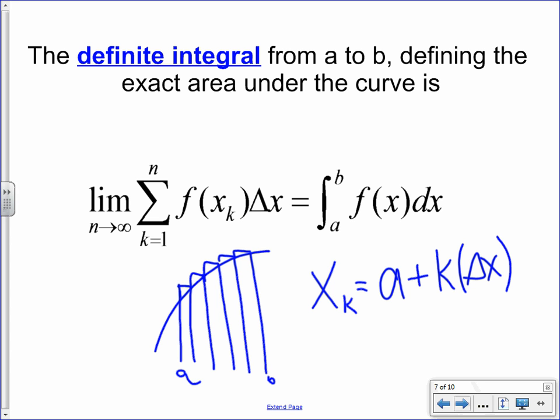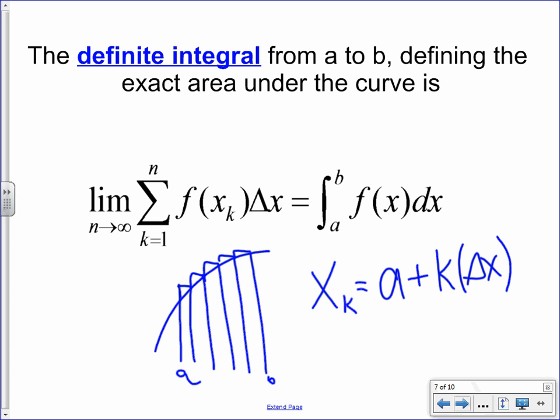But that's only for right-hand limits? Well, that's all we're going to do with Riemann sums, because all of our shortcuts for these summations work out with going from 1 to n. And so with a right-hand sum, the last number we plug in is that b.